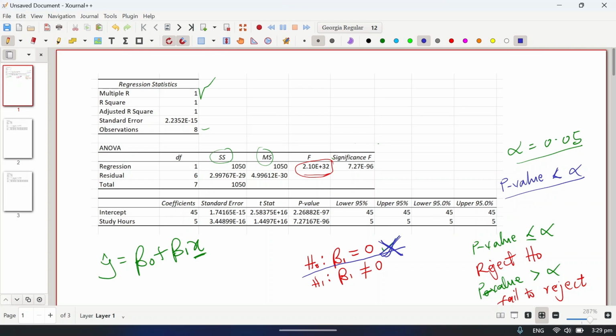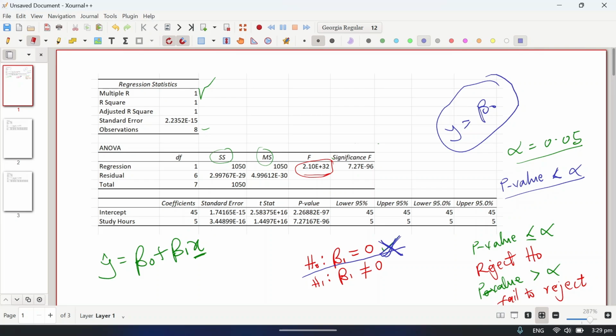meaning that if beta 1 is equal to 0, then our equation now becomes y is equal to only beta naught. So x, that is the independent variable, has no impact, no relationship with the dependent variable, which is very wrong.